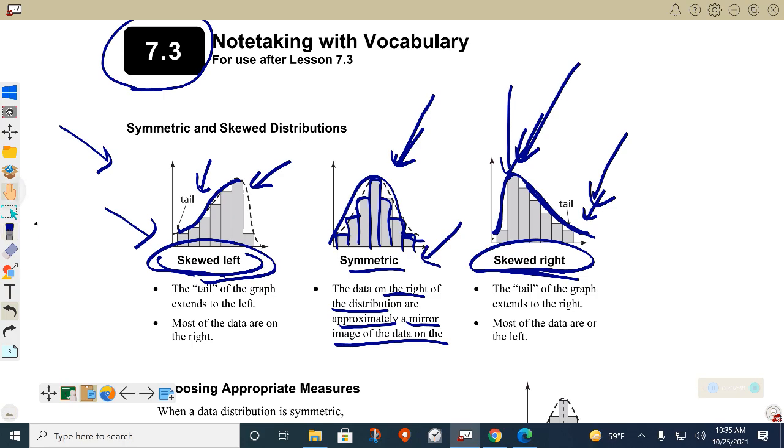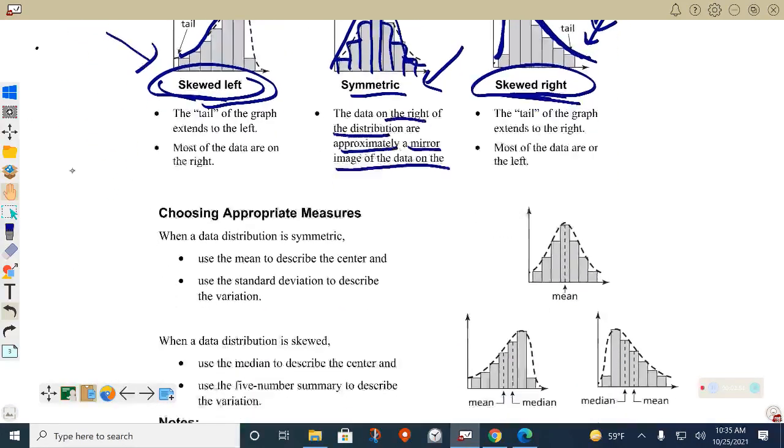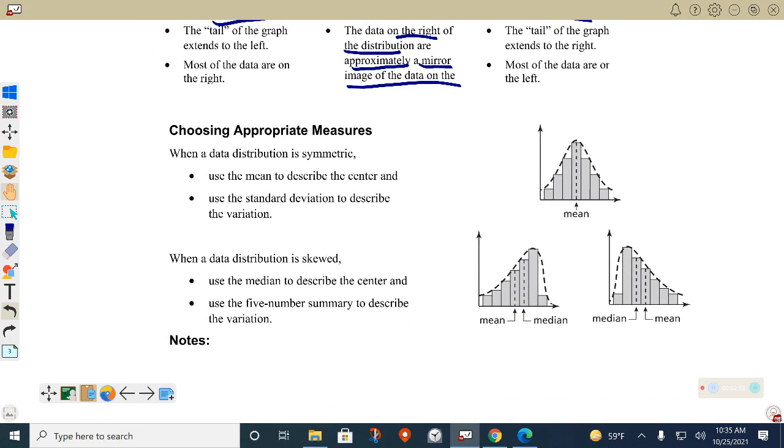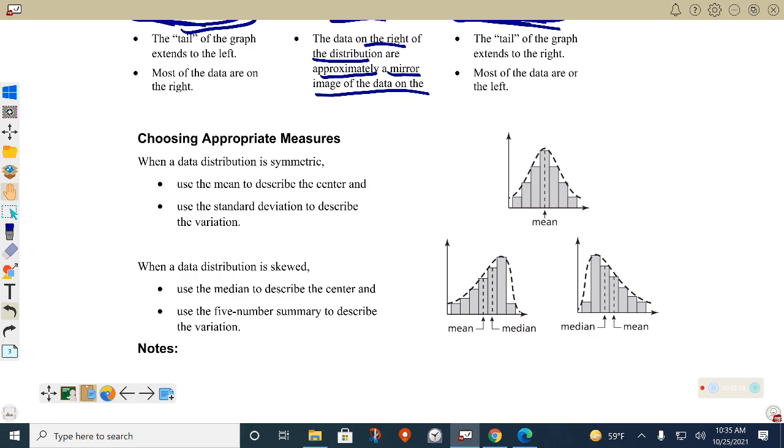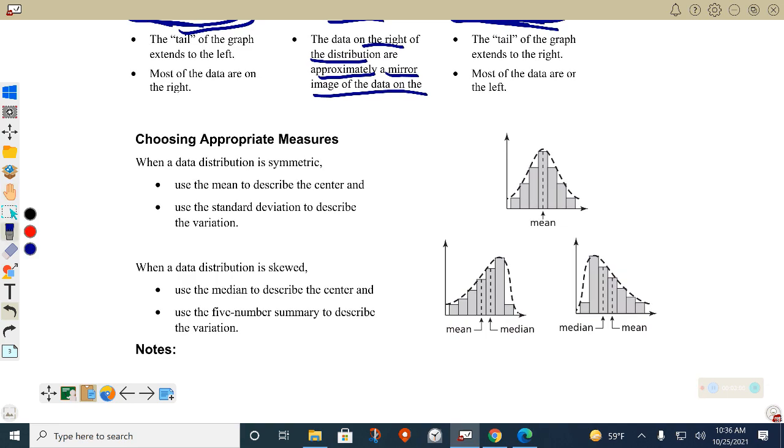Now, if you flip your page on the note guide, there's a way to summarize data if it's symmetric. If data is symmetric, to describe the center, we're going to use the mean. That means x bar. We're not going to use the median.